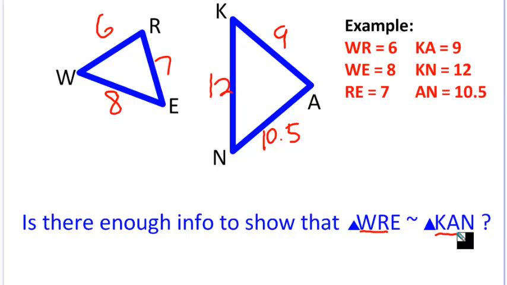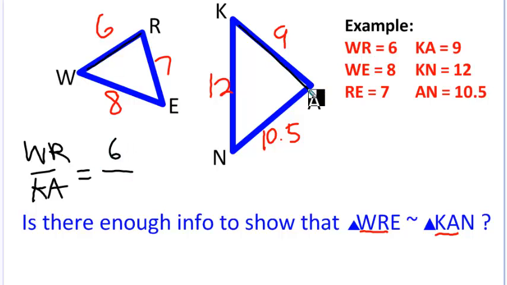So let's see what the scale factor is between side WR and side KA. WR over KA would be 6 over 9, which is 2/3 if you simplified it.